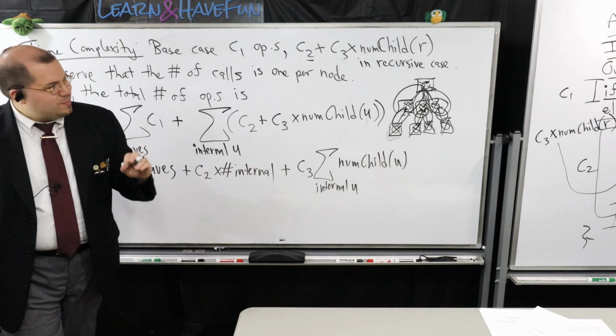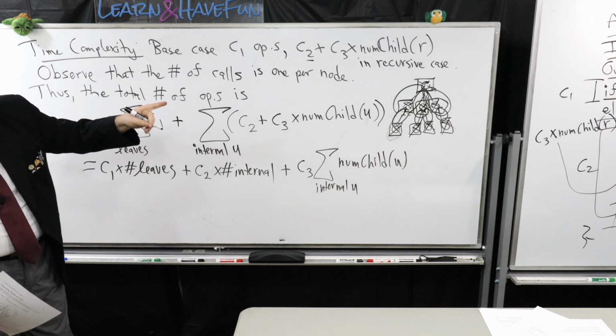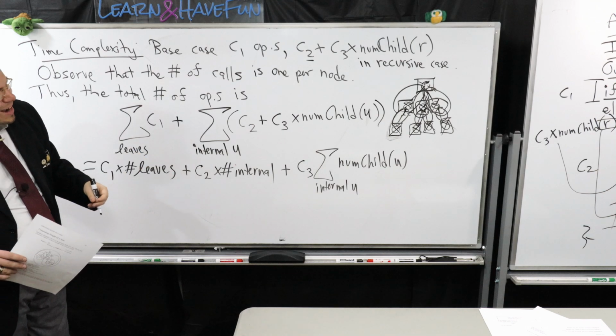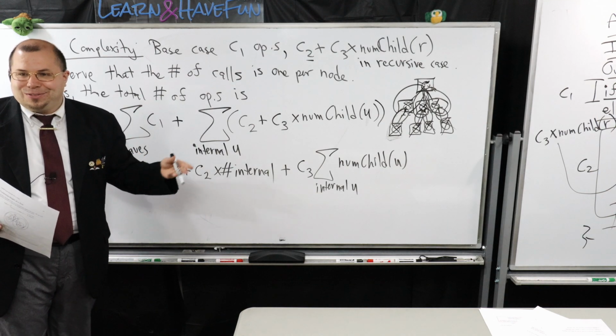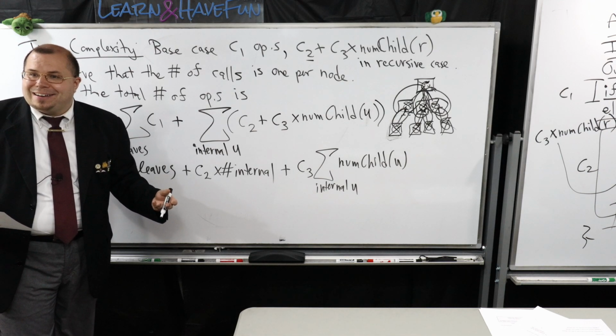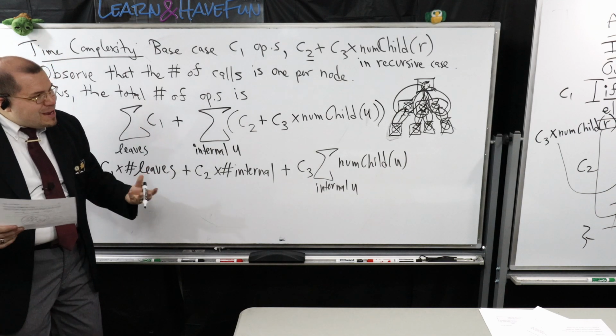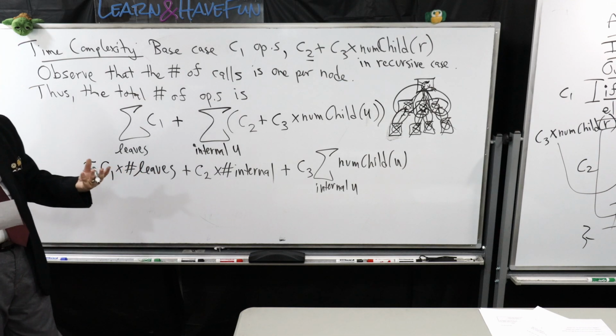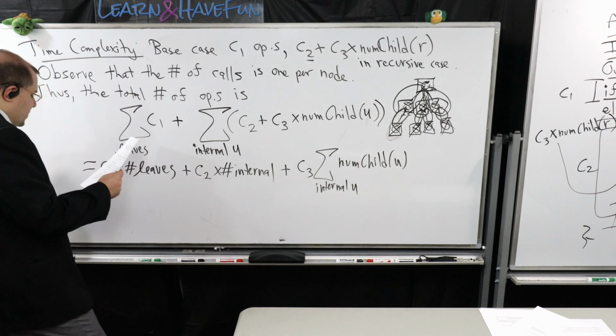But watch this. How many calls are actually happening in that case if I look through my loop? Well, it's the number of children at each one of the nodes, right? But what does that mean when I sum over all of them? All of those children?